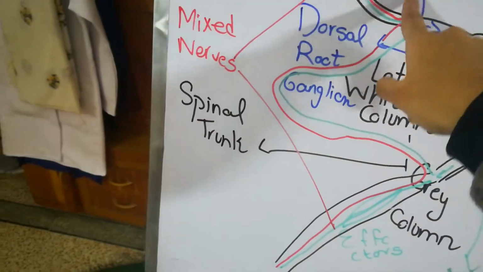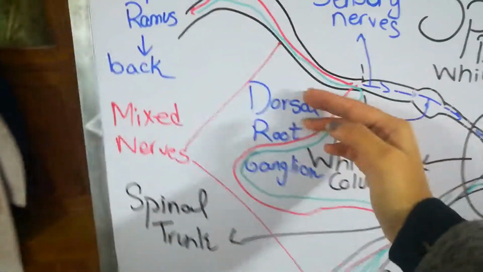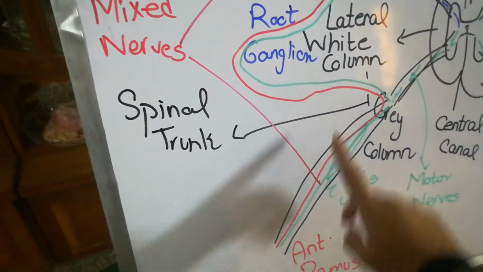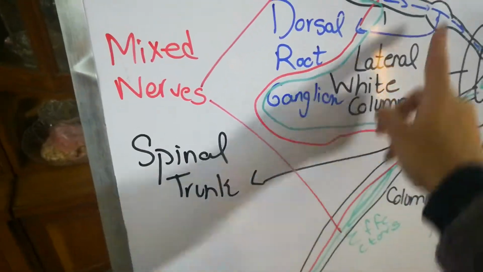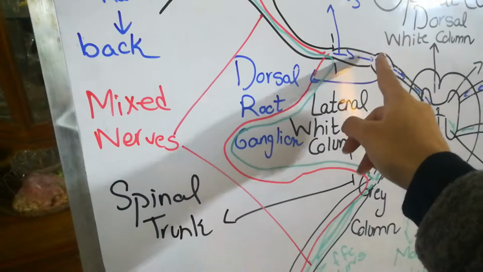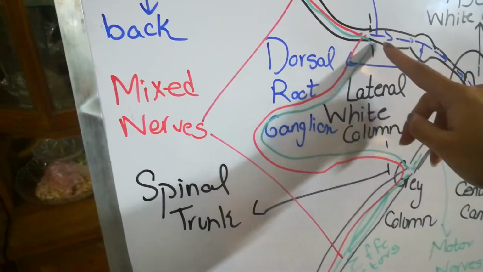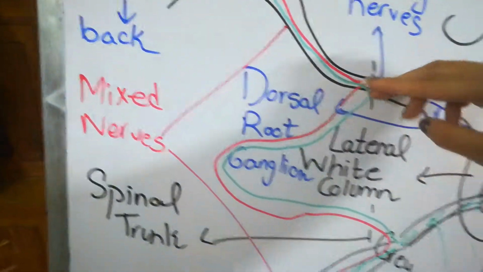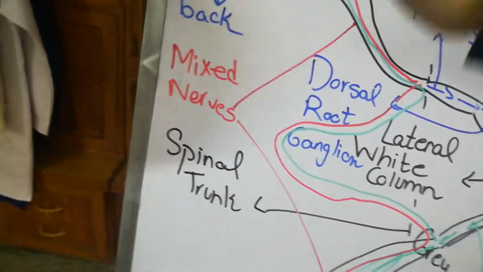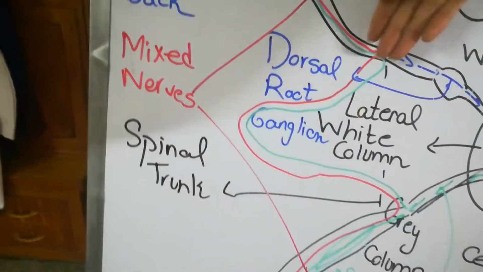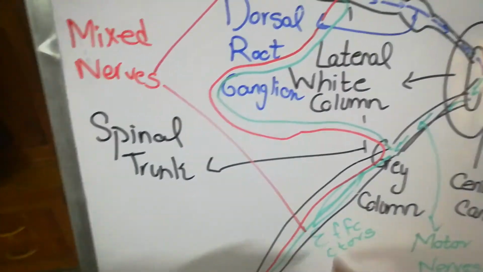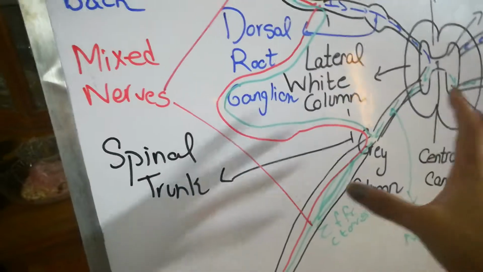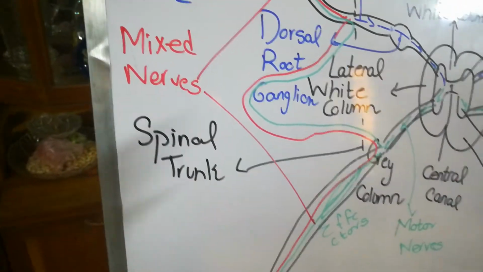But at the spinal trunk, where it again divides into the posterior ramus, and this one continues downward as the anterior ramus, there is going to be a crossing over of these sensory and motor nerves. The sensory nerves will not only go straight back to supply the posterior side, but they will also cross over. They will move from the back to the front, reaching the anterior and lateral side and supplying the anterior and lateral side of the body as well.